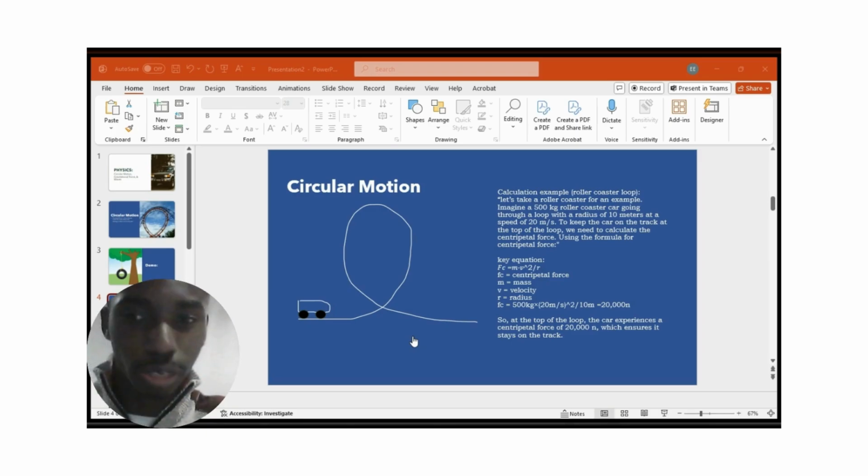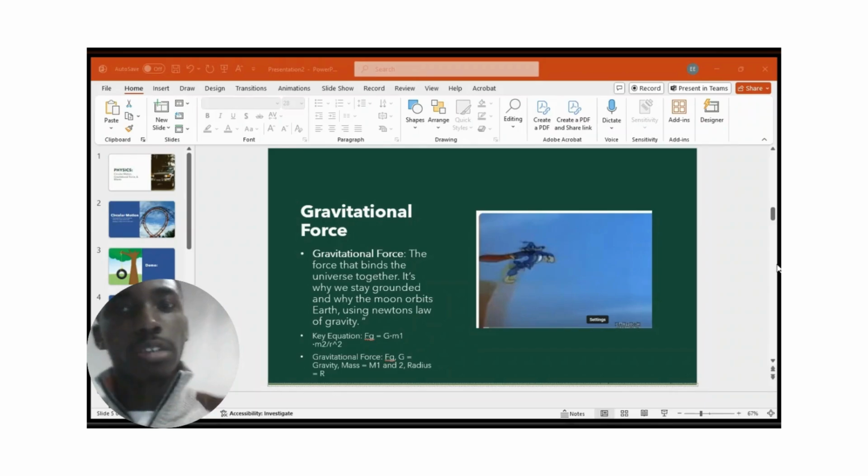Now let's continue. Let's get into gravitational force. Okay, so next up we have gravitational force. Now, what do we know about the gravitational force? Well, it's the force that binds the universe together. So what it simply means is that it helps keep us on the ground.